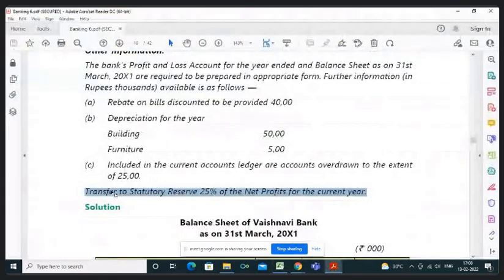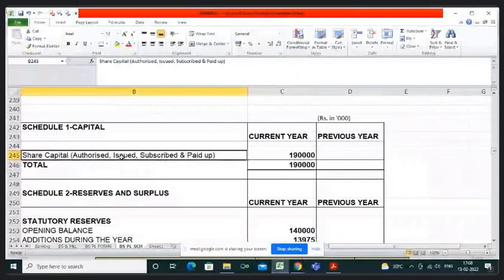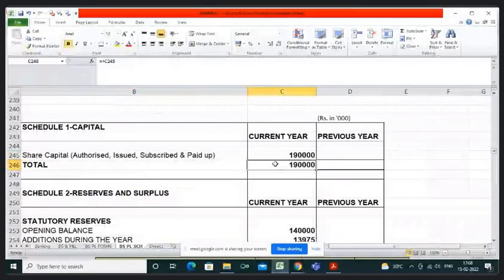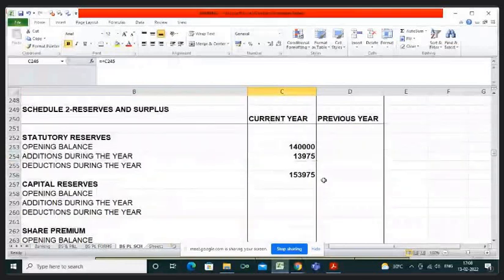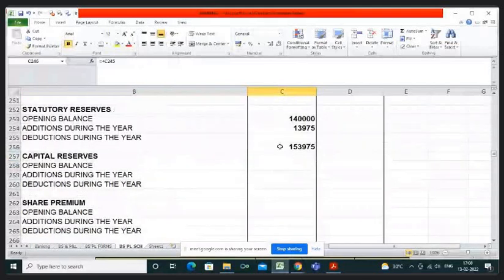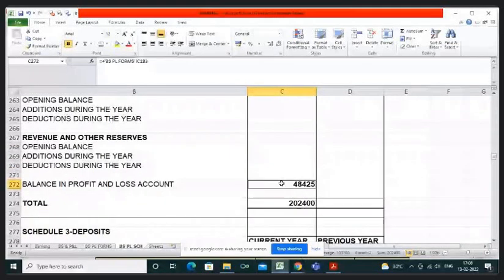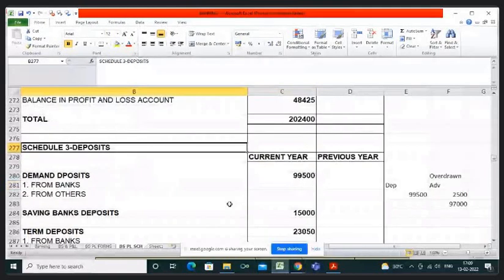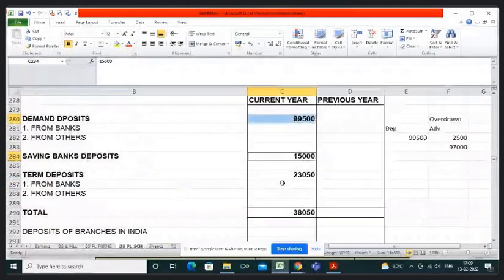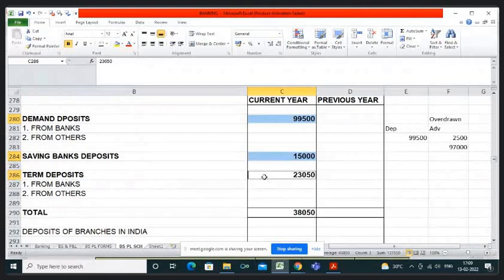Now I should total up the schedules of the balance sheet. Schedule 1, there is only one item, 1,90,000 is the total. And schedule number 2, I have to add the closing balance of statutory reserve and the closing balance in the profit and loss account. The total is 2,02,400. Then I should total the deposits. I have demand deposits, savings deposits and term deposits. The total is 137,550.